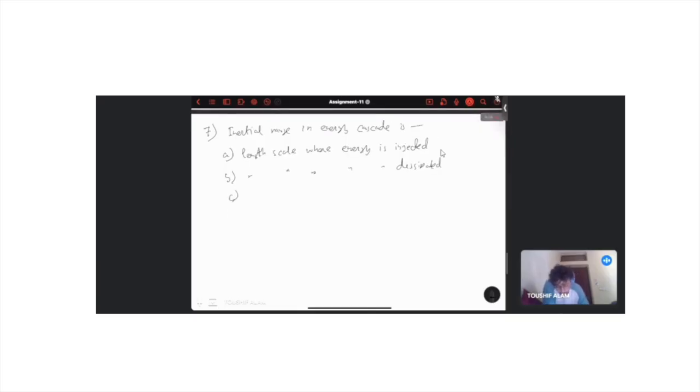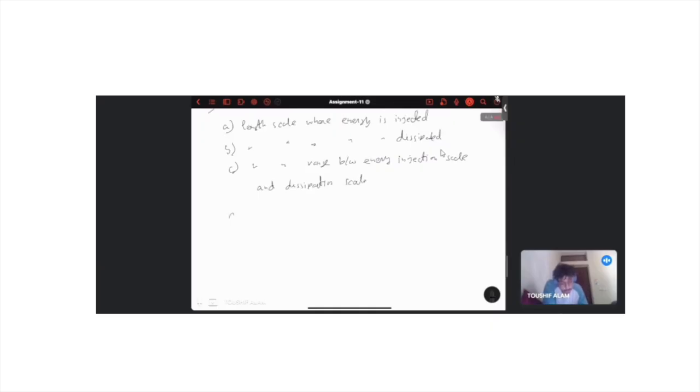See, the inertial range is the range of length scales between the energy injection scale and the dissipation scale, and option D is macroscopic length scale.